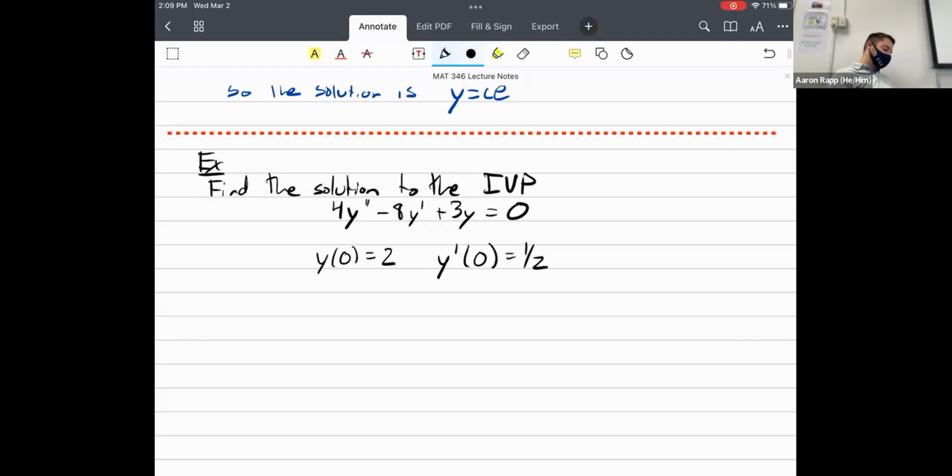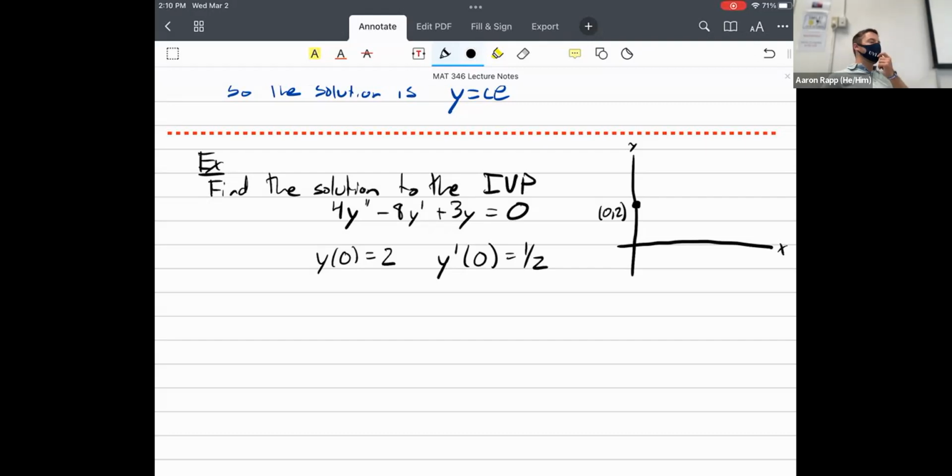And I never actually did this pictorially, but when we deal with second order, essentially what we're saying here is I want my solution to start out at, well, my independent variable 0, my solution is 2, but what is that 1/2 telling me? That the derivative is 1/2. Derivatives describe the what? Slope of the tangent lines.